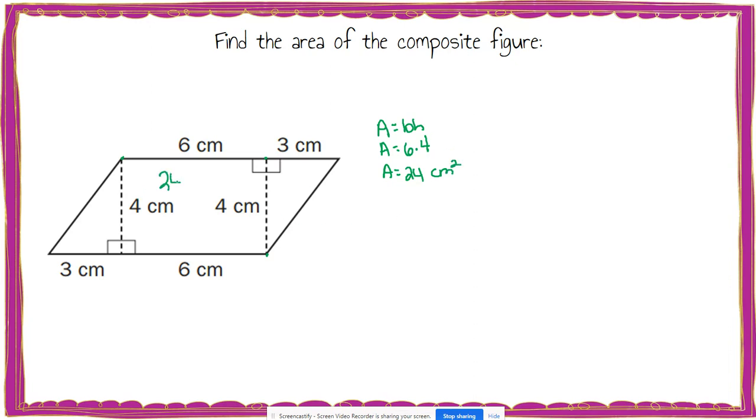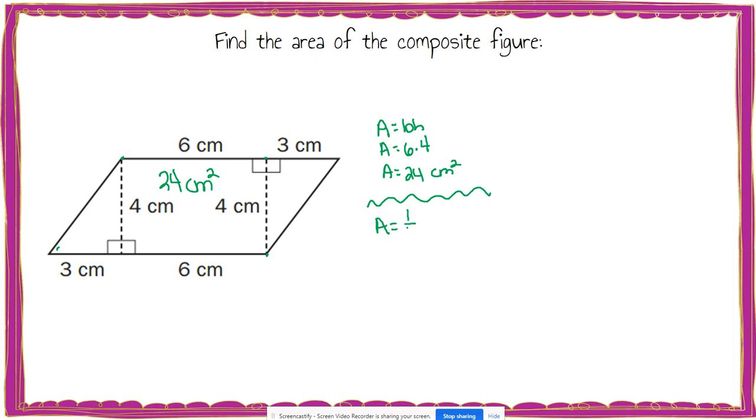So I know that my rectangle has an area of 24 centimeters squared. Now I need to find the area of my triangles. If I look at each triangle, I notice that this triangle has a base of 3 and a height of 4, and this triangle also has a base of 3 and a height of 4. So if I find the area of one of those, then I can put that same value for both triangles.